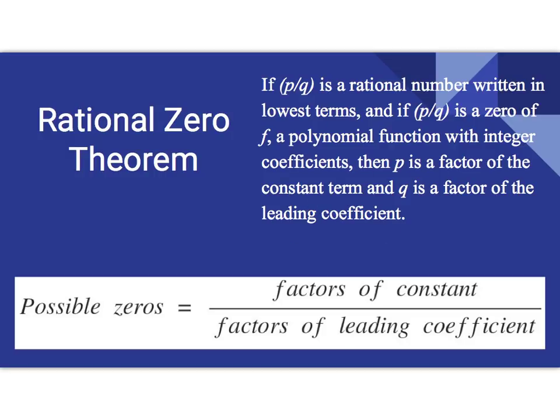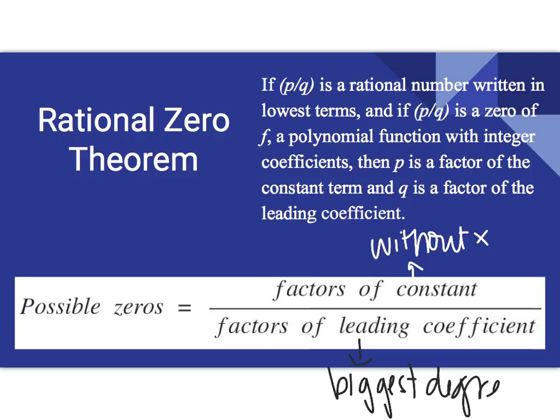Basically, what all those blahs mean is that if you take the factors of a constant of some polynomial, remember that's the term without x, and you take the factors of the leading coefficient, which is the one with the biggest degree, and you divide those, then what you come up with is a list of possible zeros for your function. And your actual zeros have to come from that list, if they're real, at least.